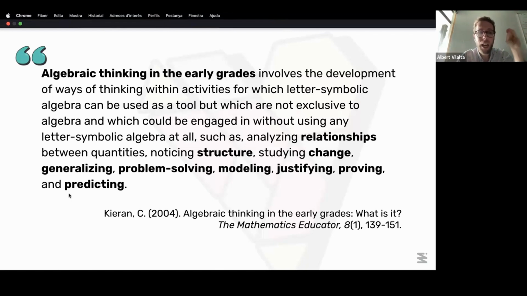Kieran and colleagues say, algebraic thinking in the early grades involves the development of ways of thinking within activities for which letter-symbolic algebra can be used as a tool, but which are not exclusive to algebra and which could be engaged in without using any letter-symbolic algebra at all, such as relationships, structure, change, generalization, problem-solving, modeling, justifying, proving, predicting.